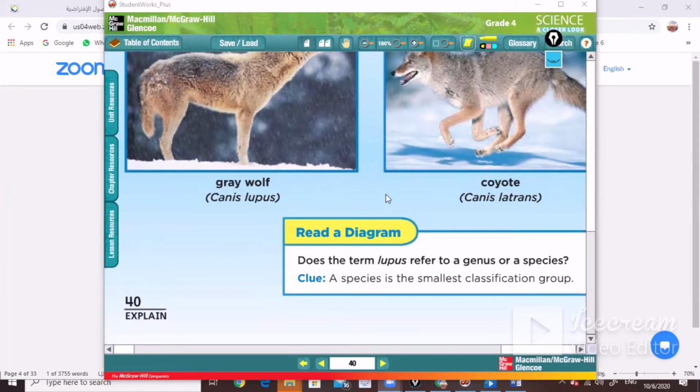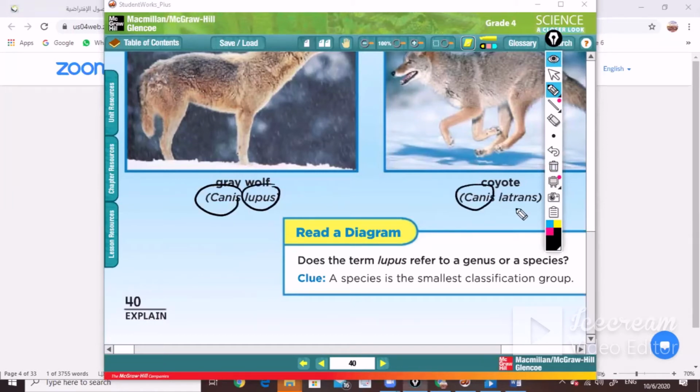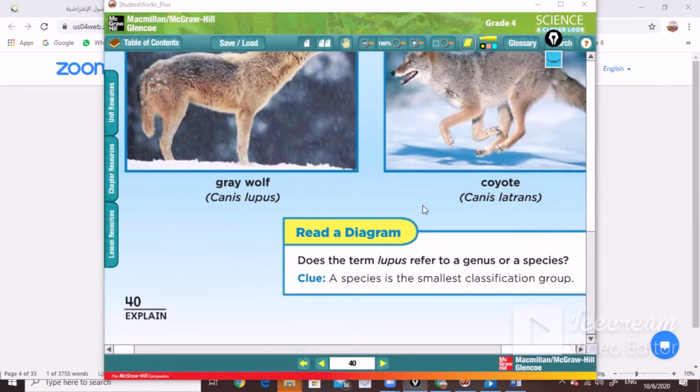I'm asking just about the name. Can you see the difference? Where are the differences and where are the similarities? The same is Canis, and the different is latrans and lupus. Excellent.